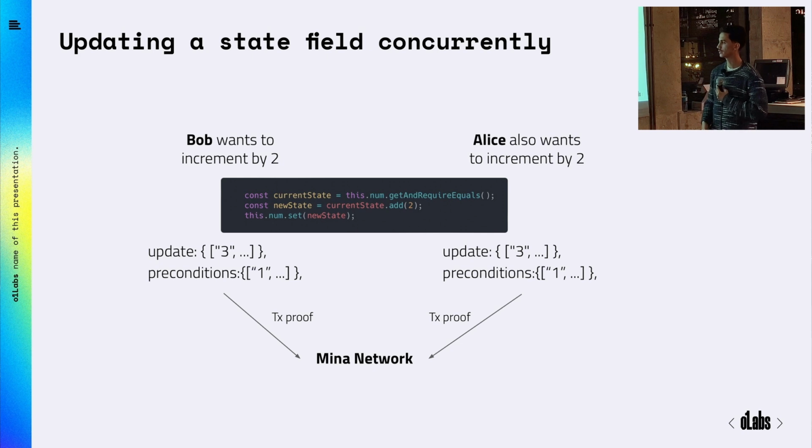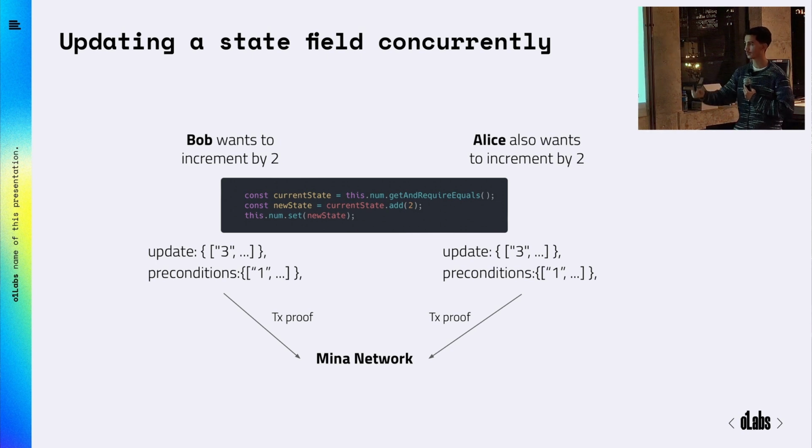This transaction holds this data, and it has a precondition. So the network has to check the previous value of this field and the value that the user wants to update. So they have the same precondition and updates. That will be a problem.